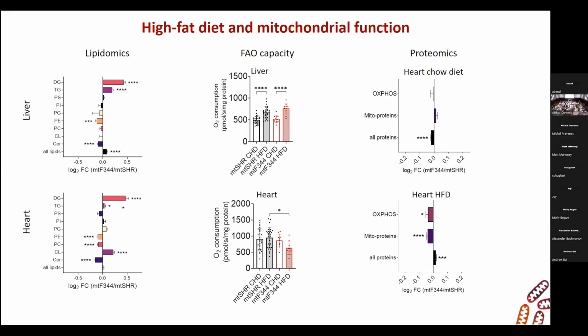The lower oxidative capacity in the heart on high-fat diet is caused mainly by decreased content of OXPHOS complexes. These results indicate that the lower respiratory capacity observed in the heart of Fischer conplastic rats on high-fat diet is caused by reduced levels of OXPHOS proteins.